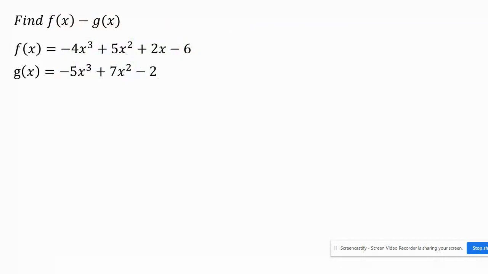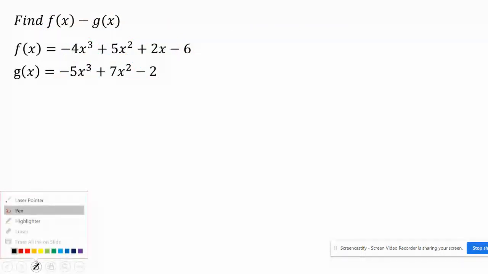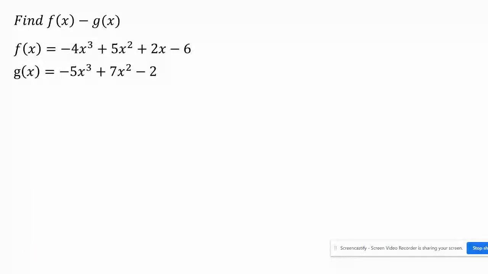Okay, let's move on. The next one says to subtract. When you subtract, you have to add the opposite. Whoops, that didn't come out right. Subtract is formally called adding the opposite.